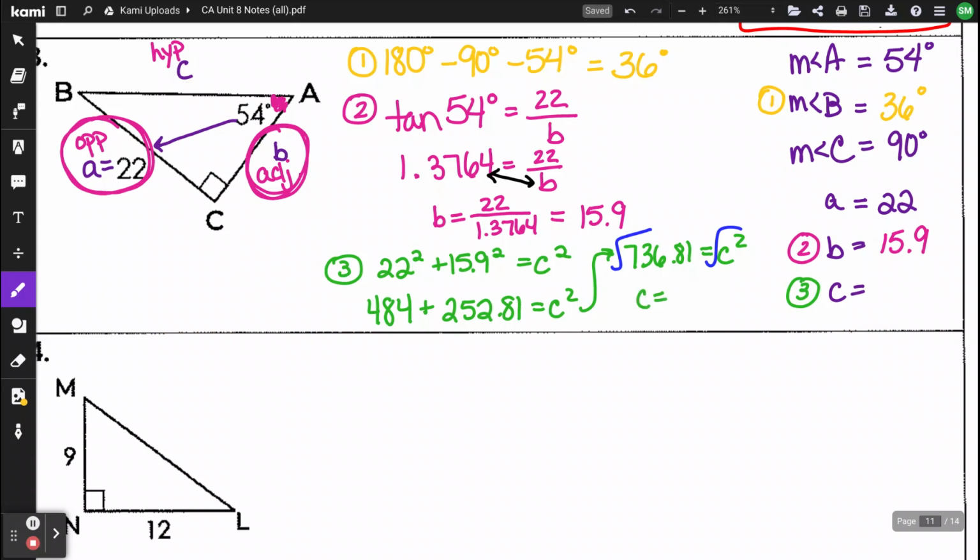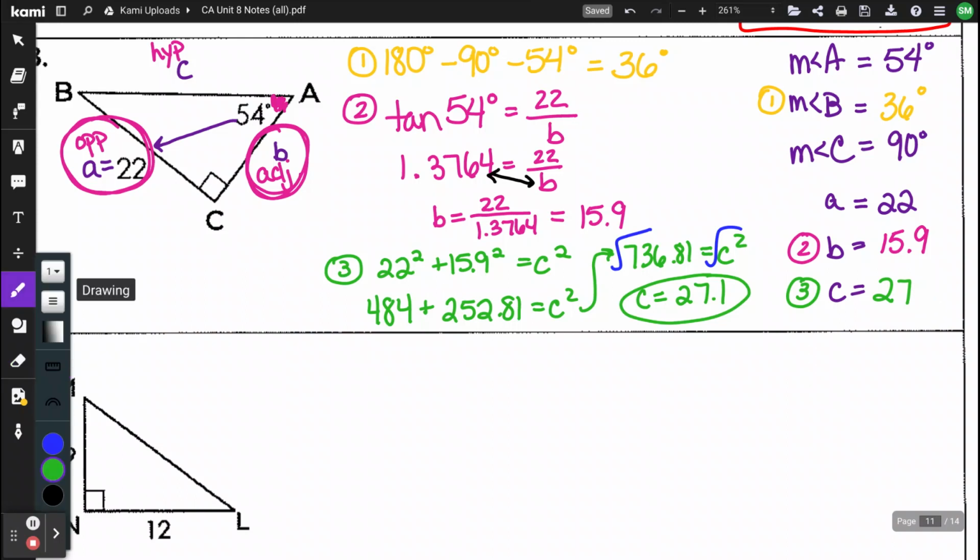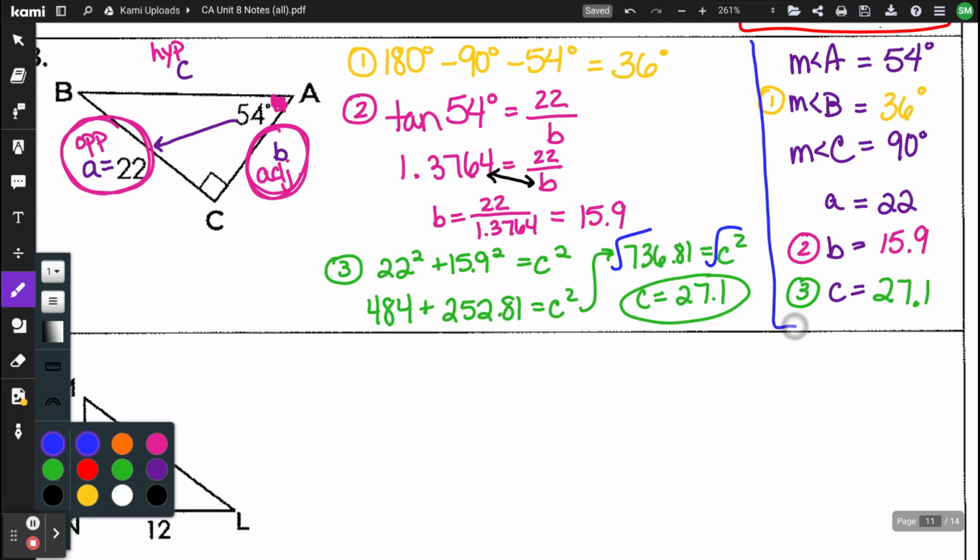And we end up with 27.1. Don't know what happened there. 27.1. And again, we can look and see all 6 values are filled in. We have 3 sides and 3 angles.